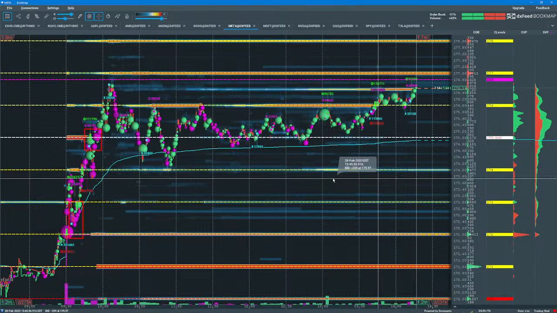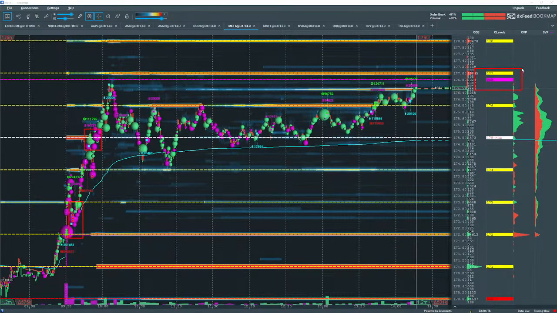And now price is moving higher. This is the upper edge of the expected move. That's for the week, and that's based on the options market. A 1 standard deviation up or down. I change that once a week. All right, so that's Meta.